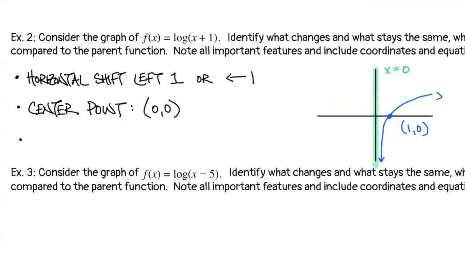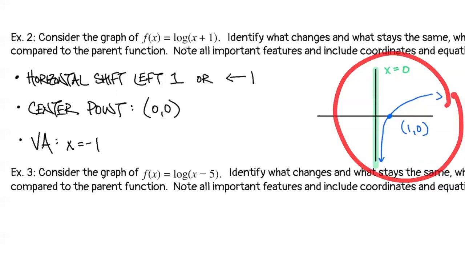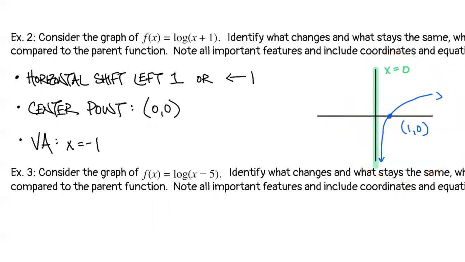What is the new vertical asymptote? X equals -1. Perfect. We're going to take that and move it to the left as well. Exactly. And so this would be sufficient to show me your thinking, because it shows me that you were able to think, from the equation and the picture together, where does everything go? Everything just moves over to the left one.